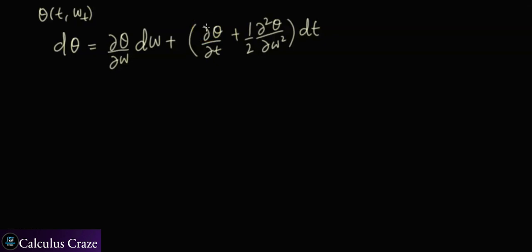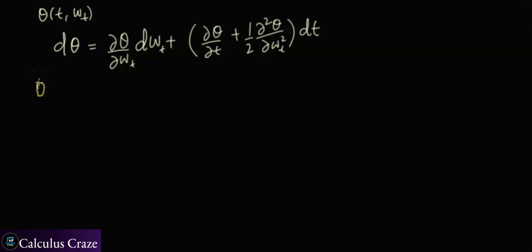So when my theta is depending on time and the Brownian W sub t, I will use this towards deriving the first integration by parts formula, and we will take the help from here. Now let's define a particular function theta.